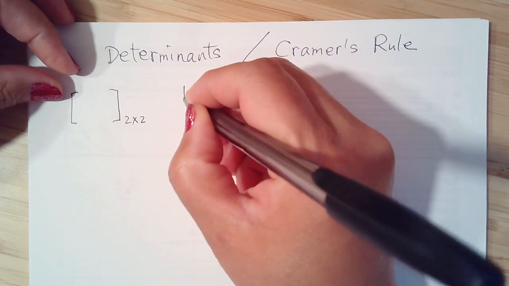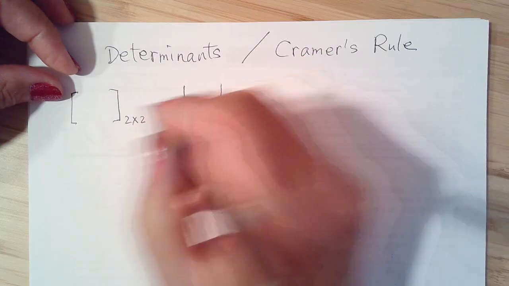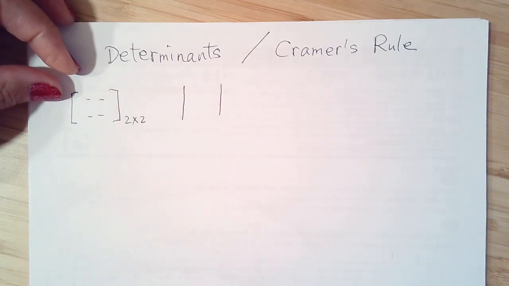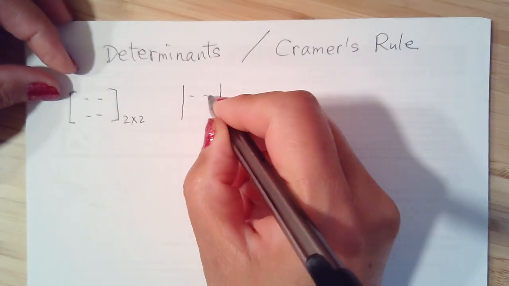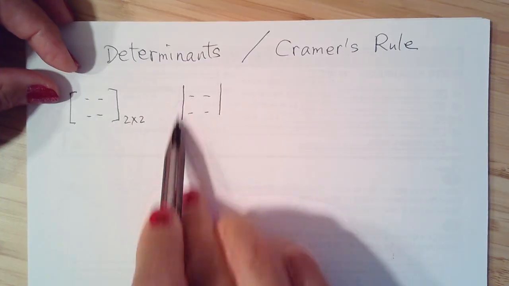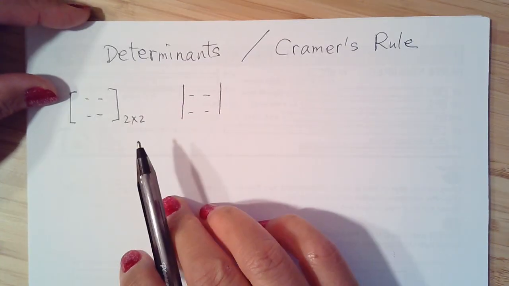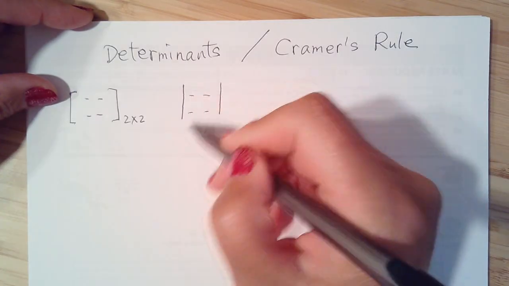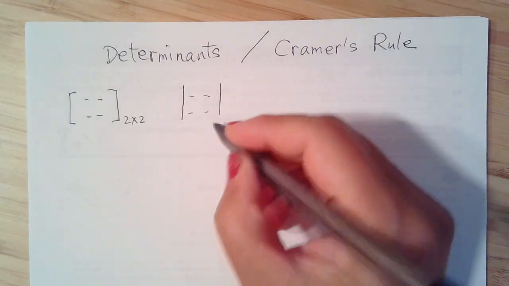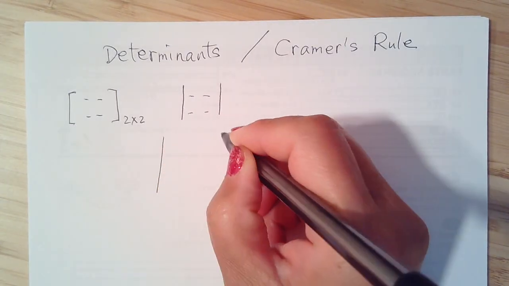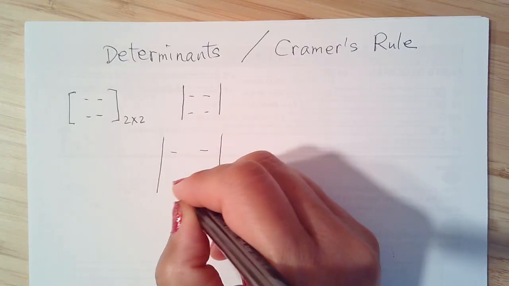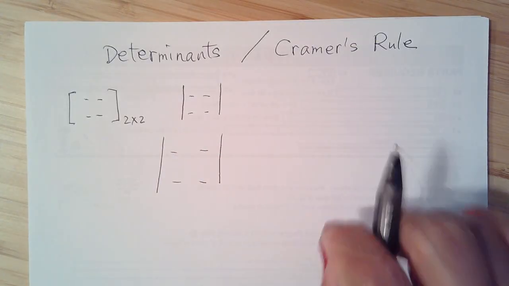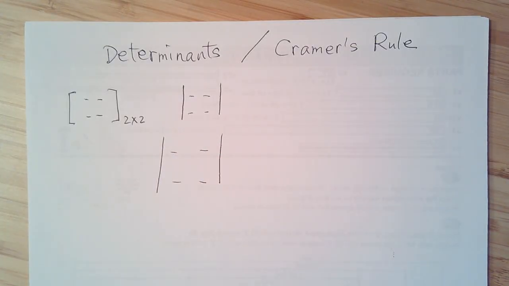Those are 4 numbers. Instead of writing them in brackets, you put a bar. It looks like absolute value, isn't it? But it's not. It's called a determinant. So if you see this, that's a determinant. How do you find a determinant? A determinant is actually one value for this matrix.